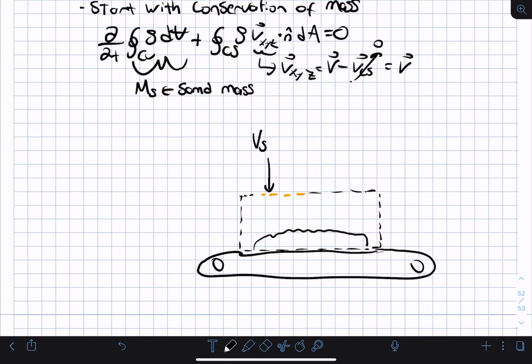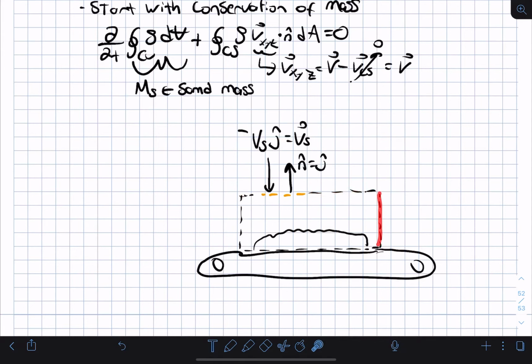Okay, and so now what we'll have here falling through is some sand velocity that's going down, in the negative j hat direction, equals vs, and we'll have some normal vector n hat, and that will equal j hat, basically pointing up. Okay, and we have the sides here.